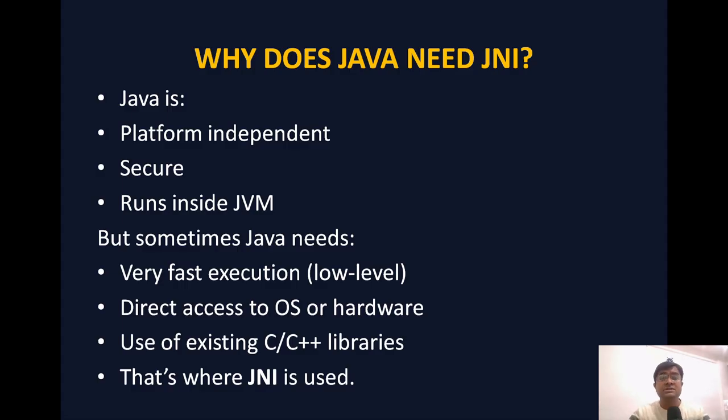And it sometimes needs direct access to the OS or hardware. Also, to use some existing libraries in C or C++. That's why JNI is used for accessing these things. So Java uses JNI, which helps us run this non-Java code as well.